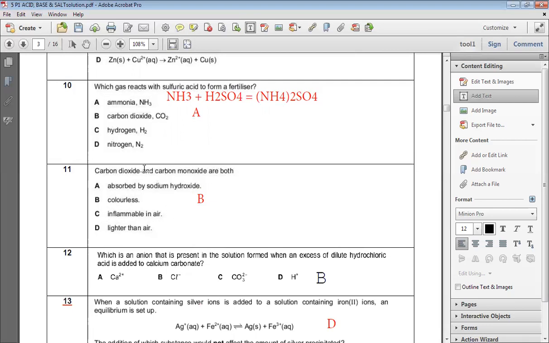Carbon monoxide does not extinguish fire and is very harmful. So option C is also incorrect. Lighter than air is also incorrect. Molar mass Mr of carbon dioxide is 44. Carbon monoxide is 28. So 44 is more than 28. The appropriate option is B for question number 11.